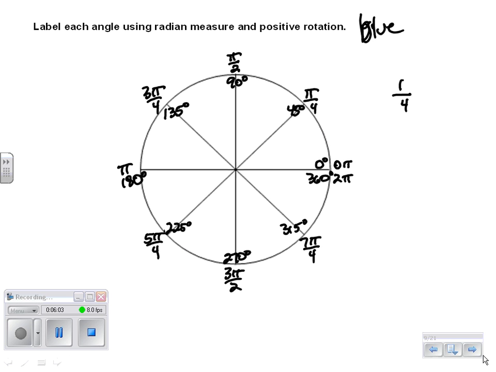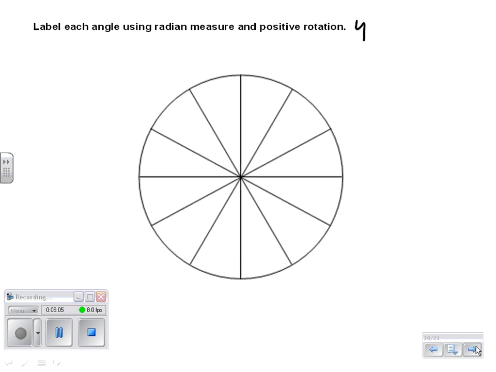Okay, the next one is yellow. And label the quadrantals first. Now, from 0 to pi has been cut into 6 pieces.